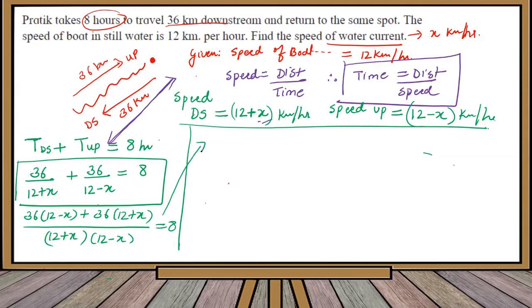If you see the denominator, it is a plus b into a minus b, which goes into the identity a square minus b square.